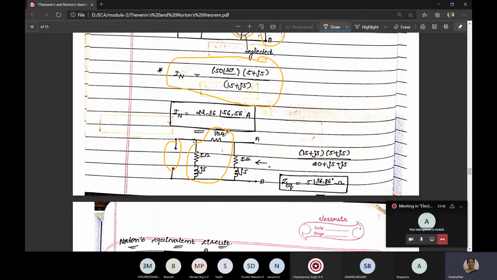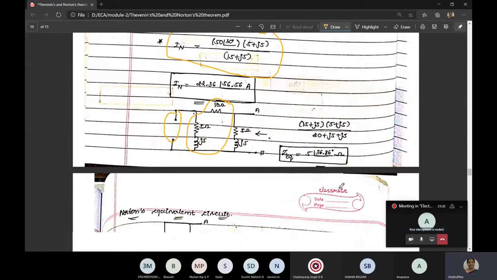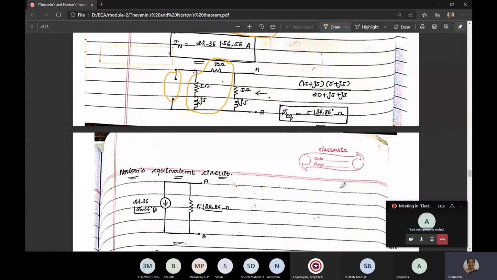So it is 15 plus J5 into 5 plus J5, divided by 20 plus J5 plus J5, just adding 15 plus 5 is 20. So 10, 5 and J5 are in series, and that is in parallel with 5 plus J5. You should be able to analyze it. So we'll get Z equivalent as 5 at an angle 36.86.